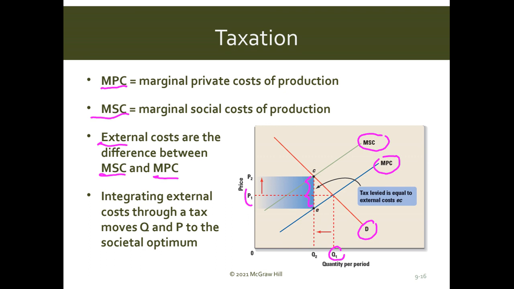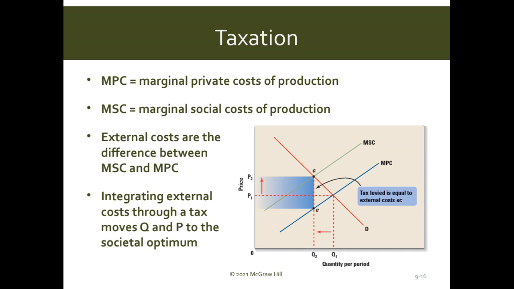What would happen? See this. So let me erase this and then see. If government imposes a corrective tax on the producers equal to the amount of the external cost, notice that the price of this product will increase from P1 to P2.